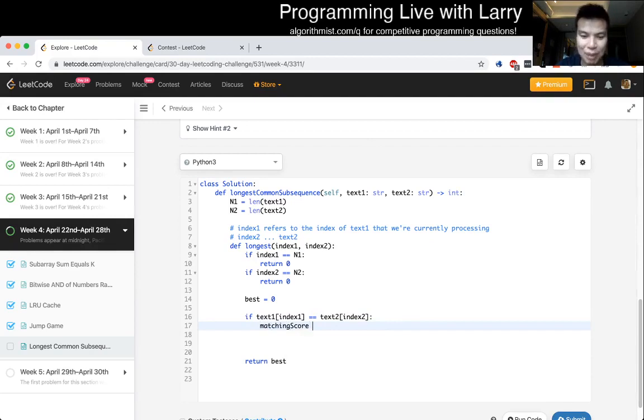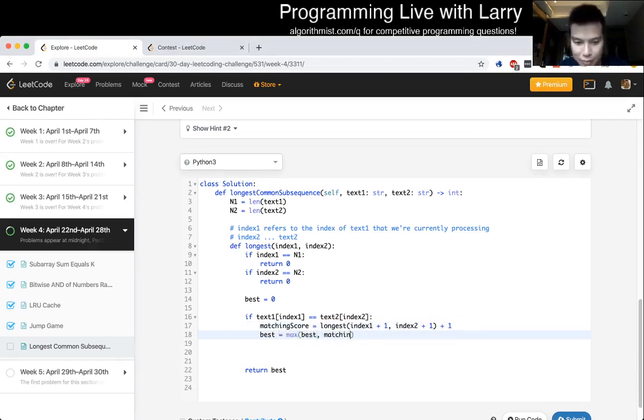The score you get if they match is equal to longest of index 1 plus 1 and index 2 plus 1, because we move both indexes forward, and then we add 1 because we matched one character, so that's one more to the score. Then best is equal to max of best and the matching score.